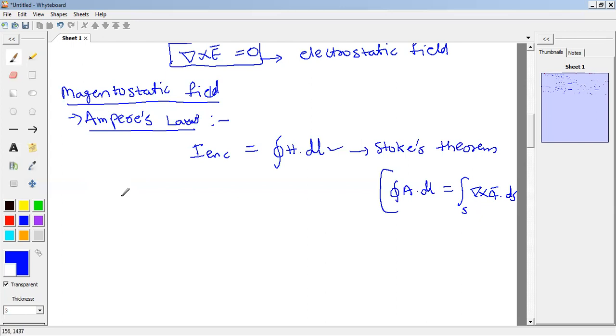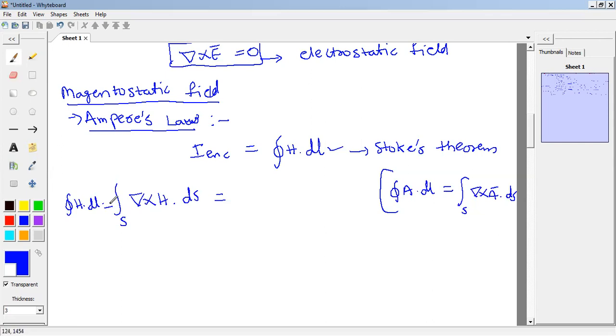Based upon that, we can write the surface integral of del cross H dot ds, which is equal to H dot dl.